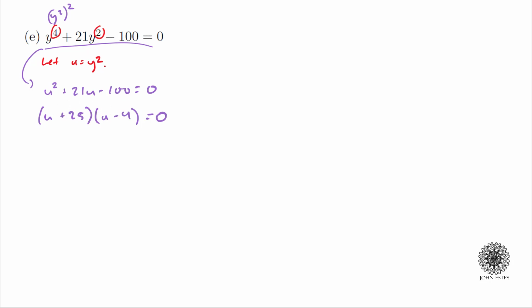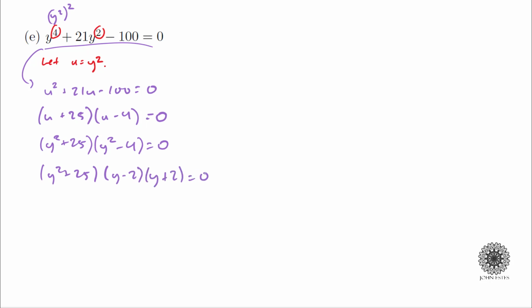But now turning it back into y's, this is the same thing as saying y squared plus 25 and y squared minus 4. And I can actually factor the y squared minus 4 as y minus 2 and y plus 2. It's the difference of squares.